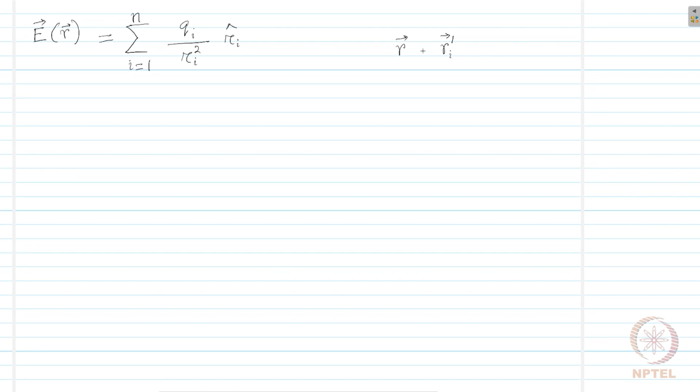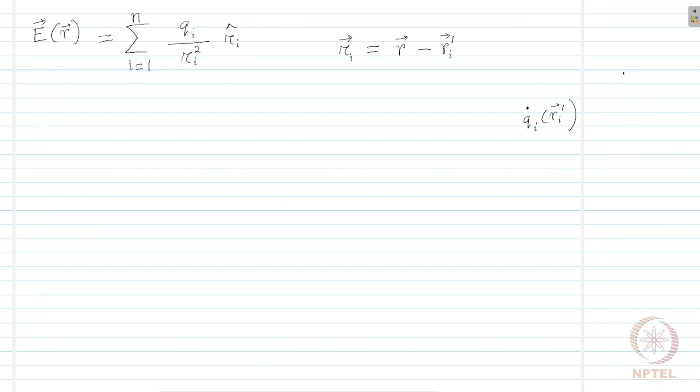So, the distance between these two points is given as curly r vector, that is the distance from the position vector r of the test charge to the position vector Ri prime of the point charge. So, this is known as curly Ri. It is like, here is our point charge Qi, its position vector is given as Ri prime.